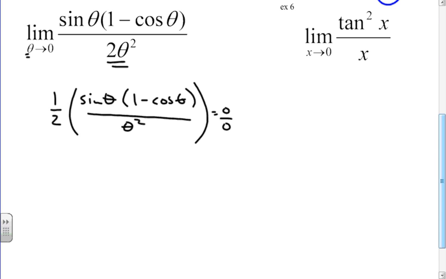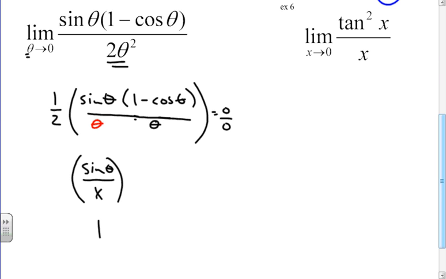So we're going to do a little simplification. Let's see if we can separate this into limits we know. If you recall, the past one, we know that the limit of sine of theta over theta equals 1. What I'm going to do is borrow one of these thetas and put it right underneath that. So now I just have an extra theta. Then this extra theta right here, I'm going to put underneath the 1 minus cosine of theta.